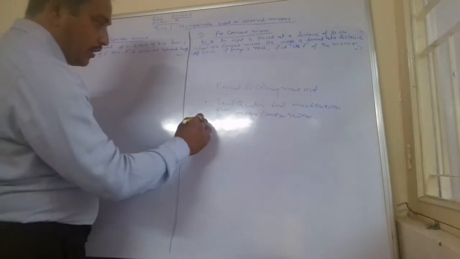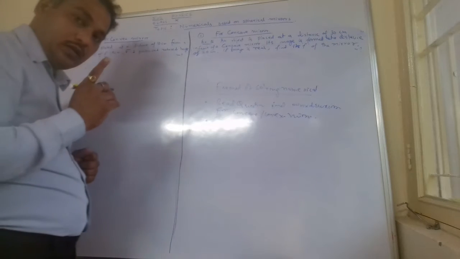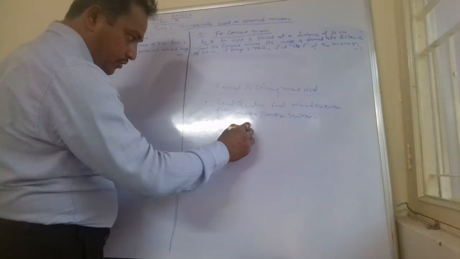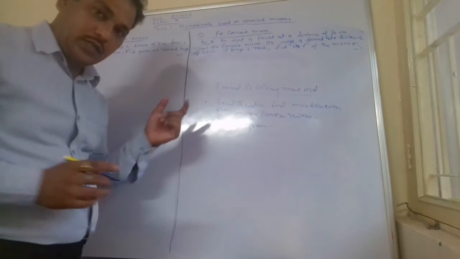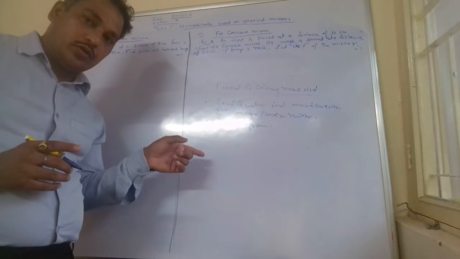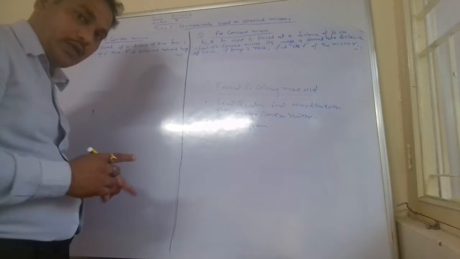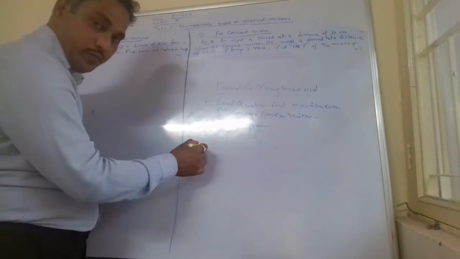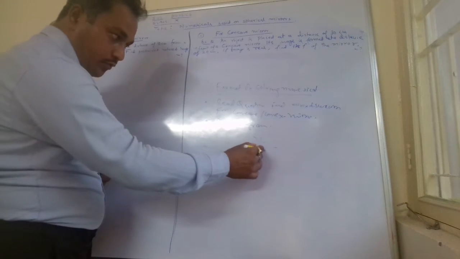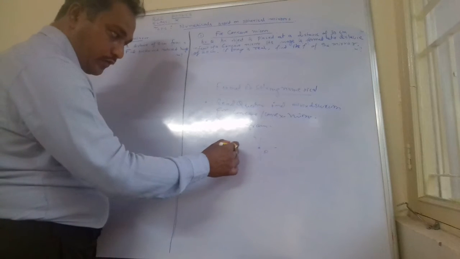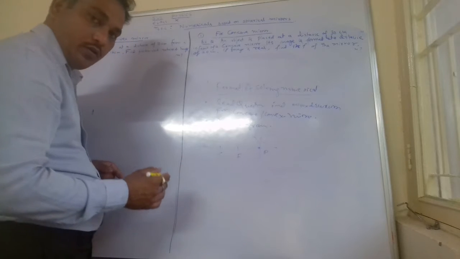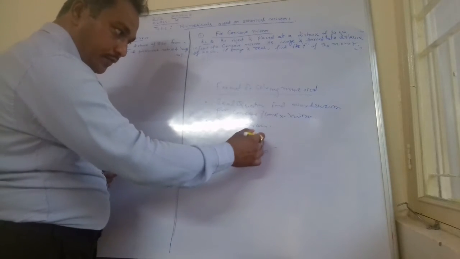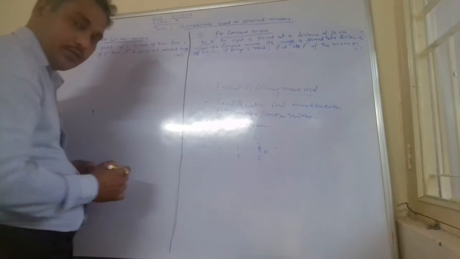Okay. After this, you will draw the diagram. When it is clear that it is concave or convex, immediately you have to draw the diagram of that. As you are aware, for a concave mirror, you will draw the principal axis, pole P, C the center of curvature, and F, all these on the left hand side, like this.